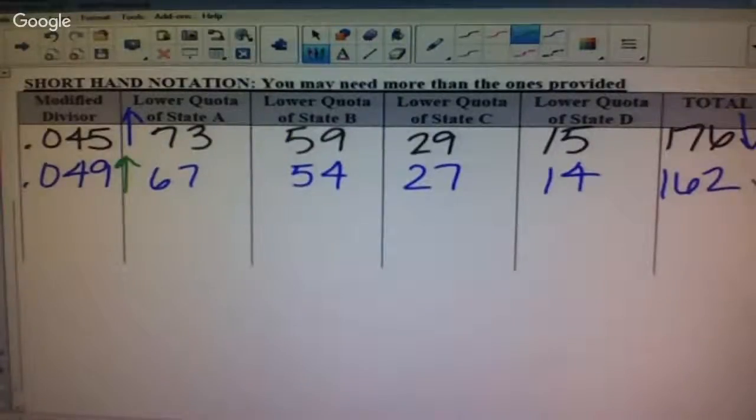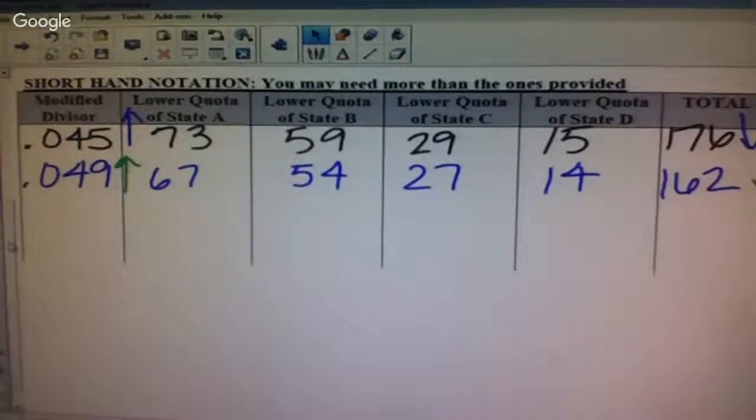0.0492. Okay, good. So be careful, because this is what kids struggle with, the decimals and how to make this work. So we started with 0.05, and we said that needed to come down. We're now at 0.049, and we said this needs to come up.